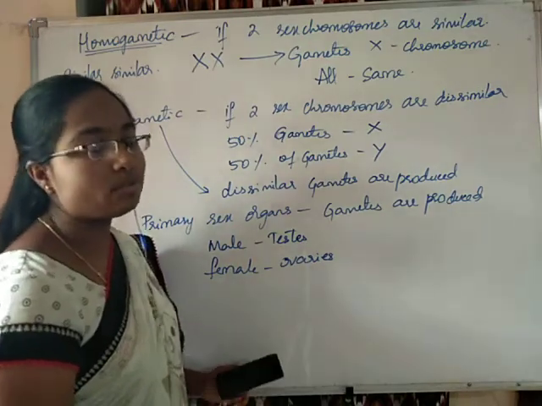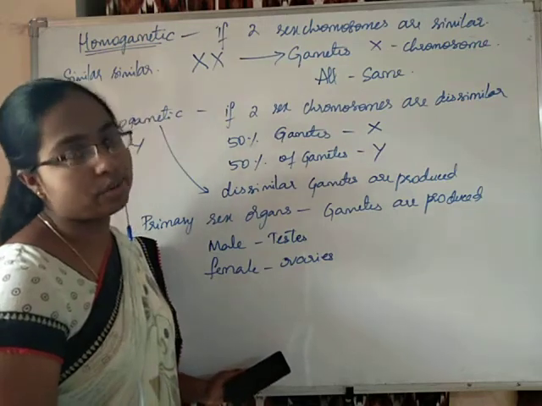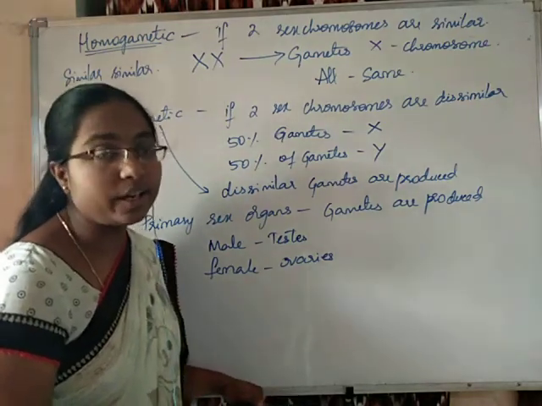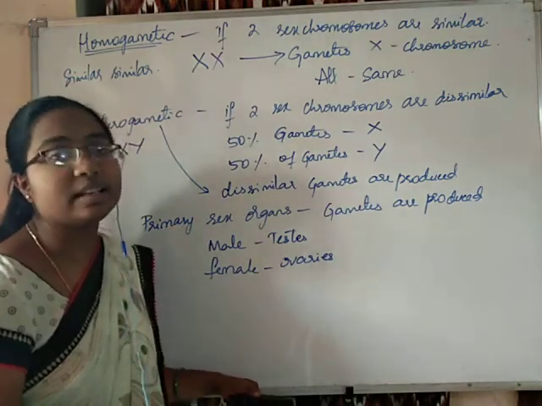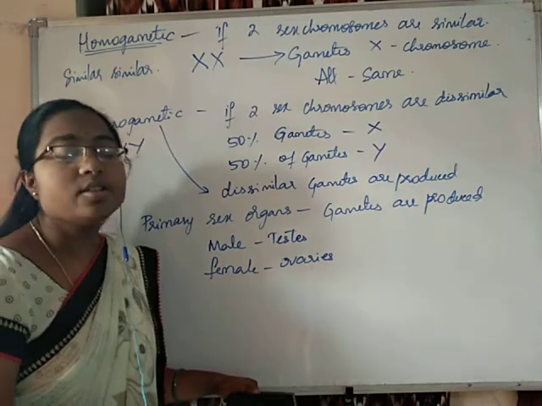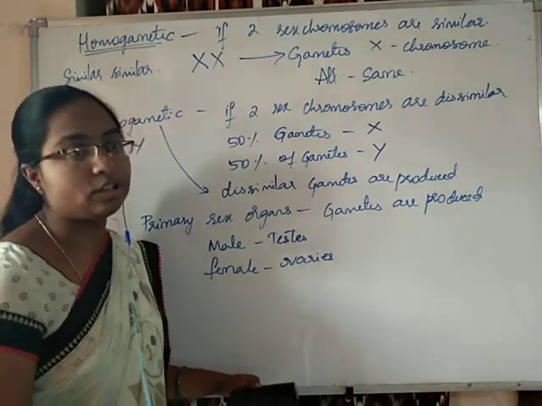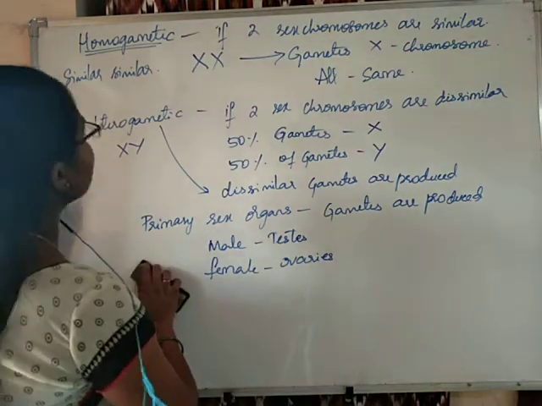Okay. So in this way, the individuals may be homogametic or heterogametic. They may produce similar gametes or dissimilar gametes. So according to the type of gametes they are producing, we can determine the sex of the individuals. Let us learn more about the chromosomal basis of sex determination.